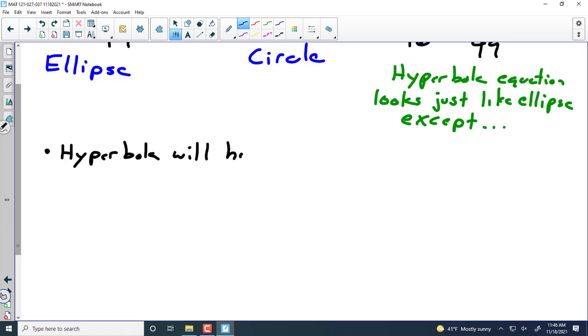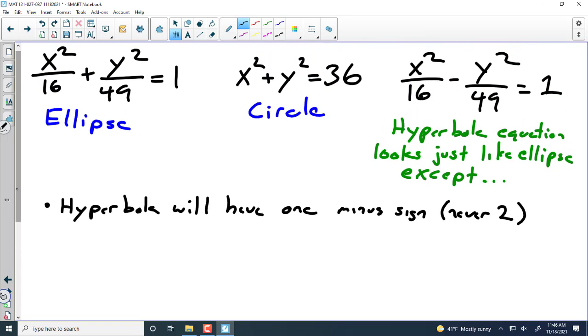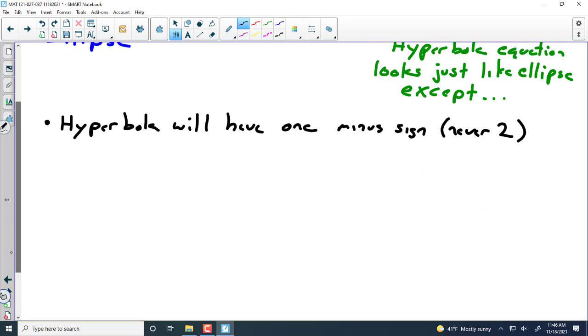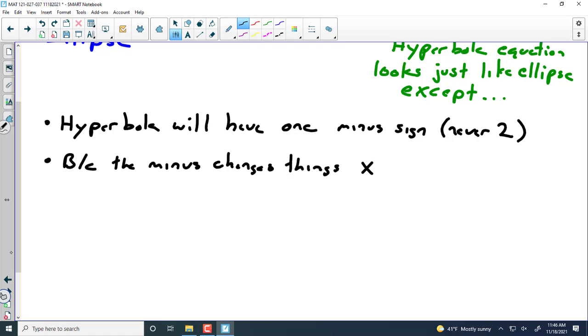A hyperbola will have one minus sign, never two. So they won't both be negative. A hyperbola will have one minus sign in it. Because the minus changes things, x squared or y squared might come first.